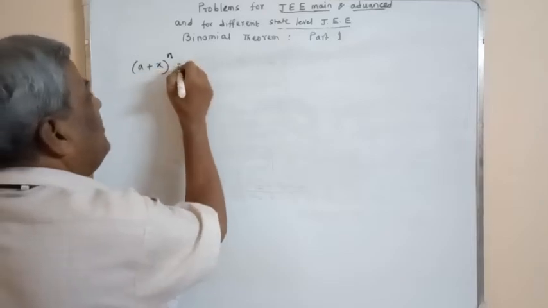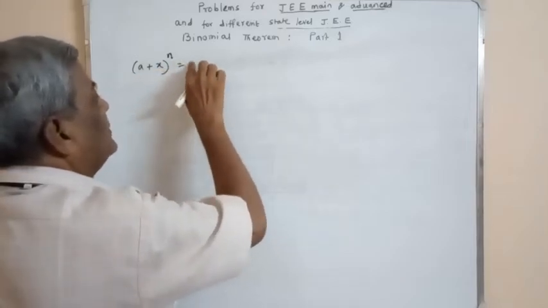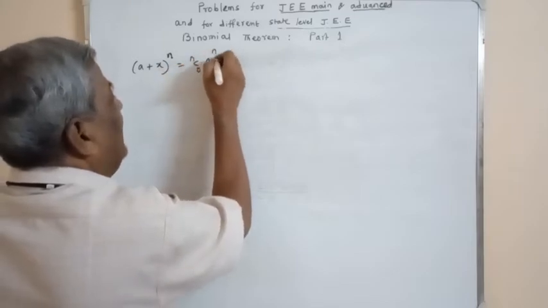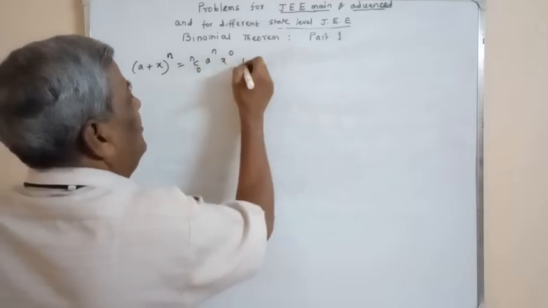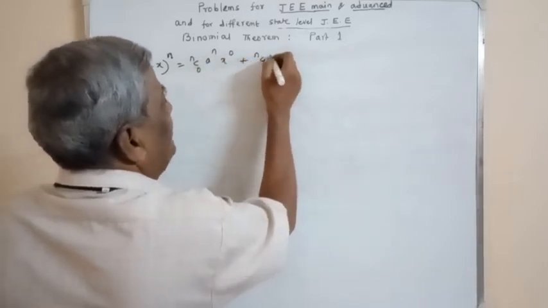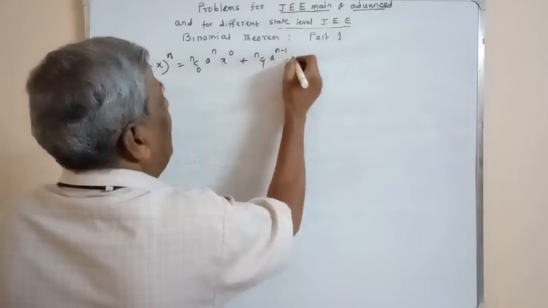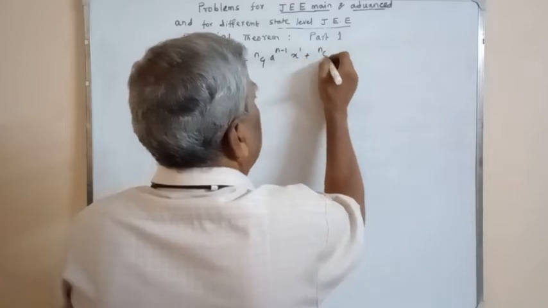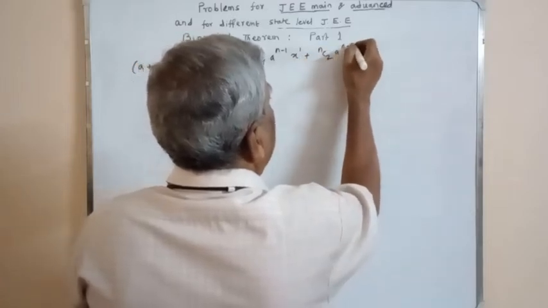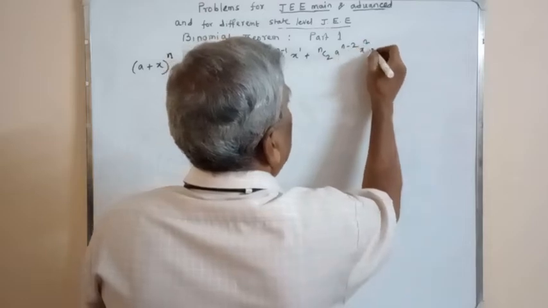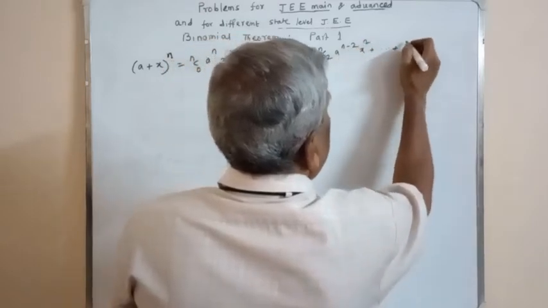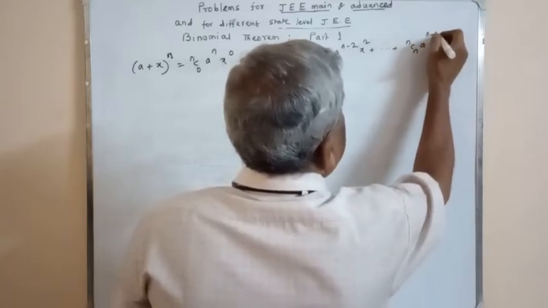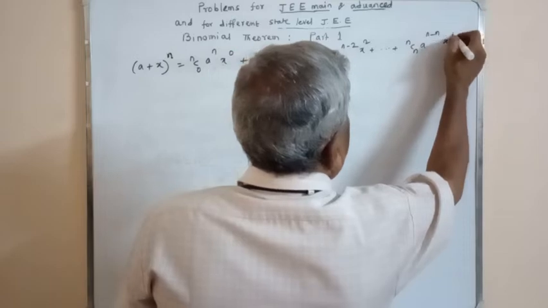Its expansion is nC0 a^n x^0 + nC1 a^(n-1) x^1 + nC2 a^(n-2) x^2, and this way, the last term is nCn a^(n-n) x^n.